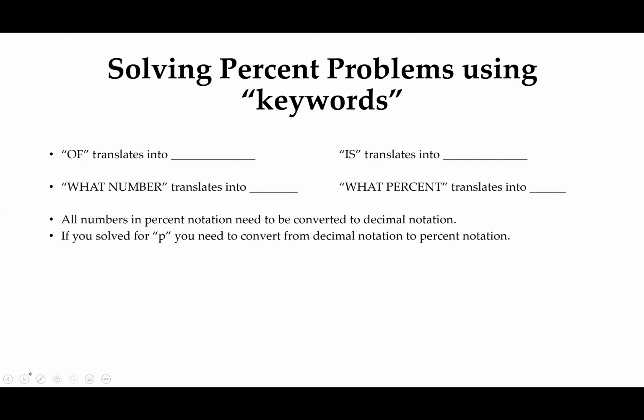All right. So how do we put these into use? How do we actually solve problems? Well, some of this we can just translate and wind up with an equation to solve. Of translates into multiplication. What number? That's my variable.